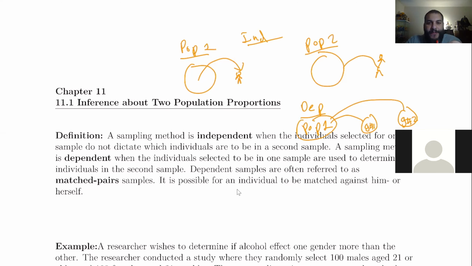When we have two different populations that don't interfere with each other, or you could say they're mutually exclusive, then it will be independent. But if you're choosing from the same group, and the way you choose somebody for group number 1 interferes with the way you choose somebody for group number 2, that will be considered dependent.